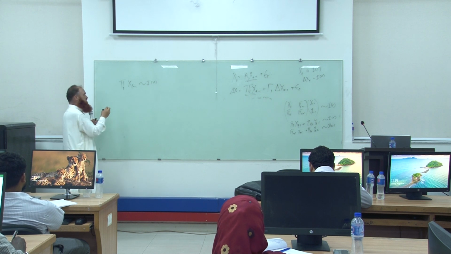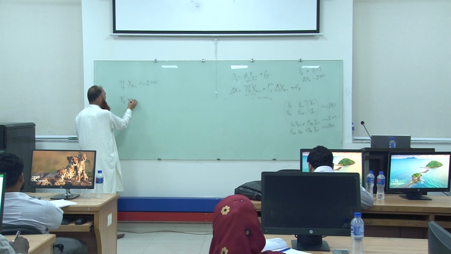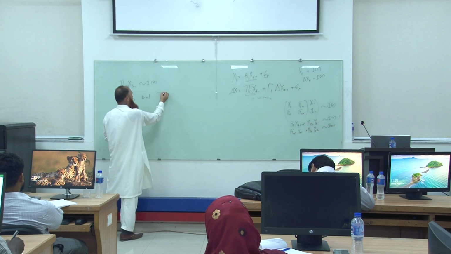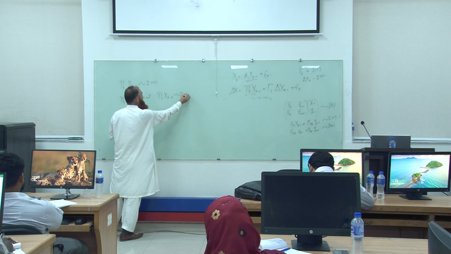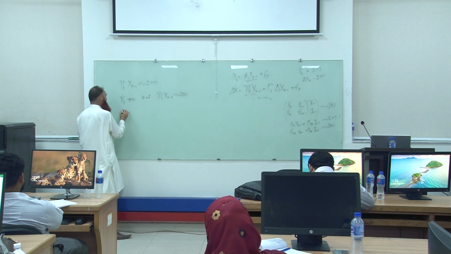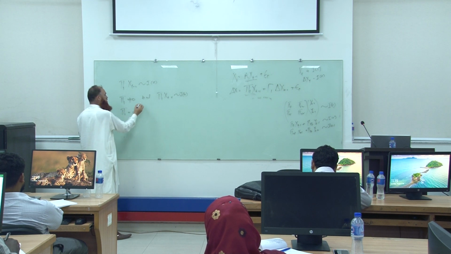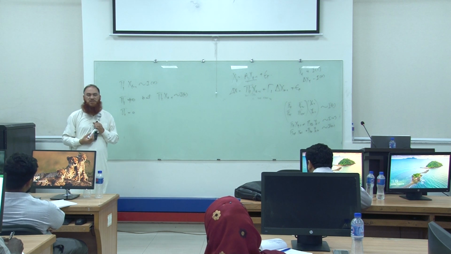Right? This means there are two possibilities. Either first is pi 1 is not equal to 0, but pi 1 into xt minus 1 is I0. And the second possibility is pi 1 is equal to 0, and if this is the case, then the case will become trivial.